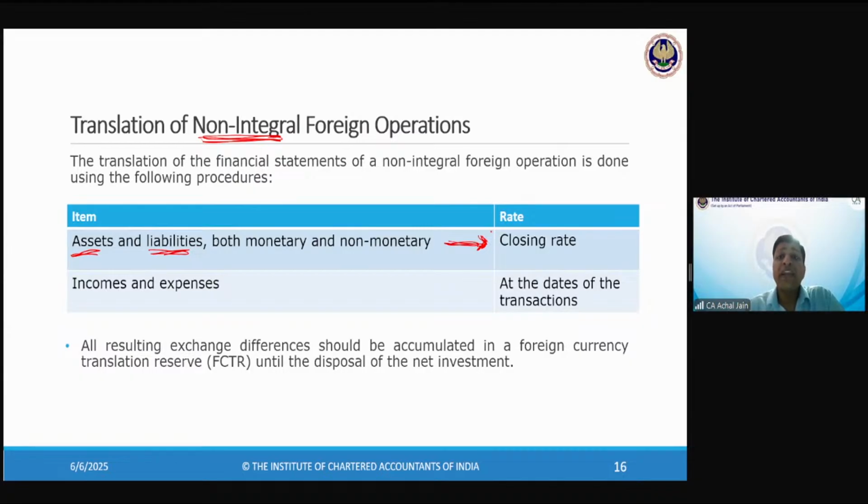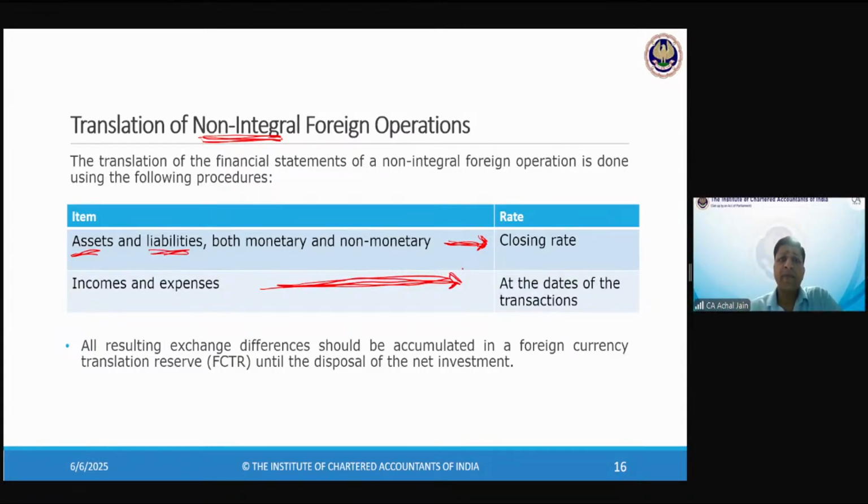When it comes to P&L items, any P&L item, all of them you will convert at the rate of the date of transaction.